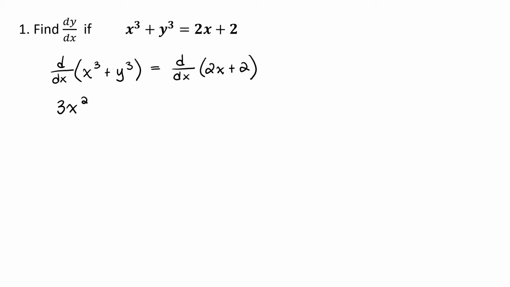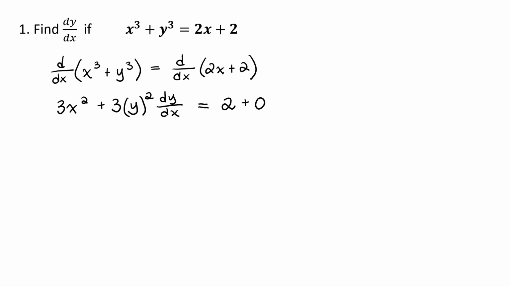So our outside function is cubing, so we have 3 times our inside function of y squared, and then times the derivative of y, so dy dx, just using a bit of chain rule. Then we have the derivative with respect to x of 2x, which is 2, plus the derivative with respect to x of 2, which is 0.